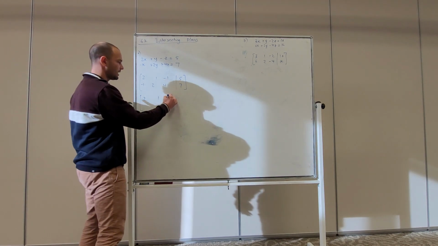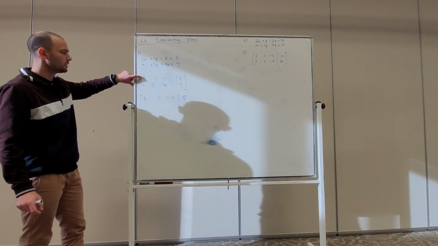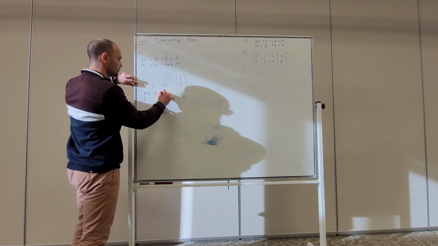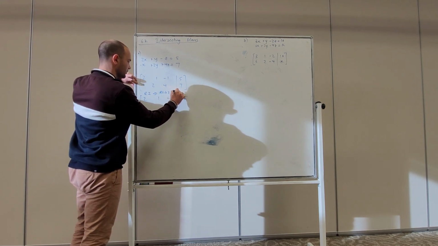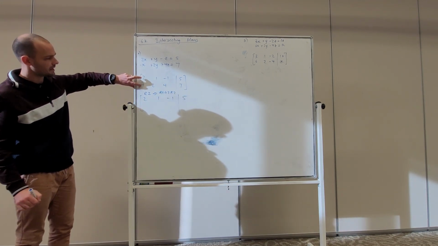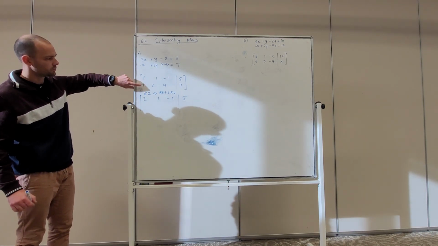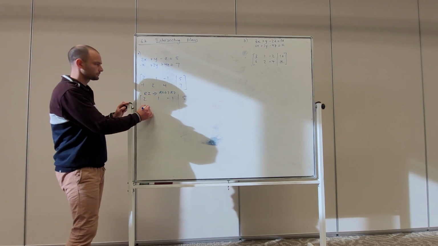We have 2, 1, minus 1, and 5 at the top. And what am I going to do? I'm going to replace row 2 with row 1 plus 2 lots of row 2. That's positive, that's negative. So now if I add them together, I'm going to have 2 plus negative 2, that's going to give me 0 here.